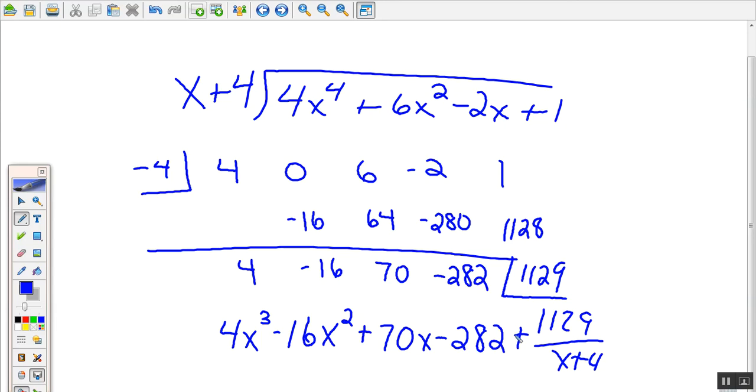So how many x's do I need to team up with this x to the first to take out x to the fourth? There's 4 of them over here, and there's 1 here, right? How many more do you need with this guy to get to this guy? 3. That's why it comes out x to the third here, kid. Okay?